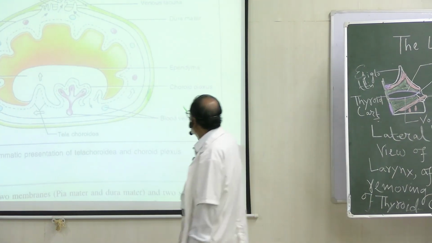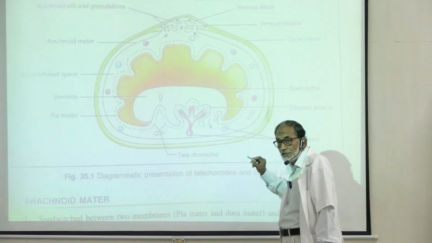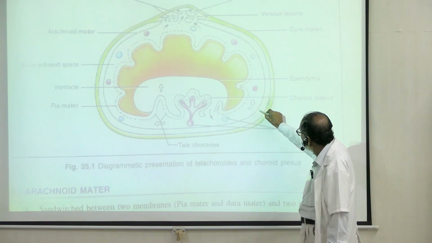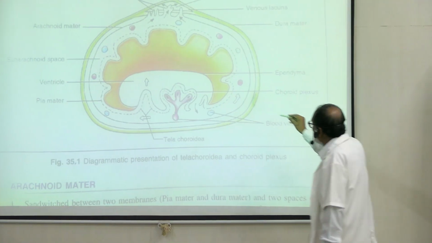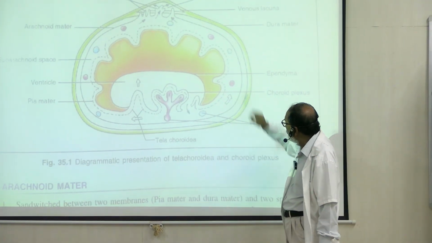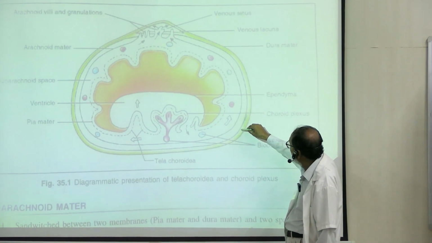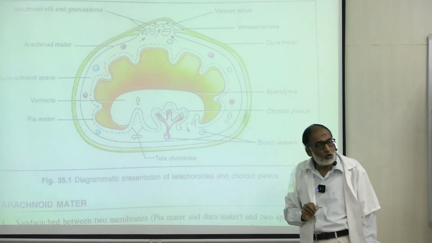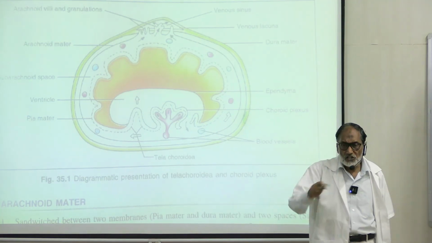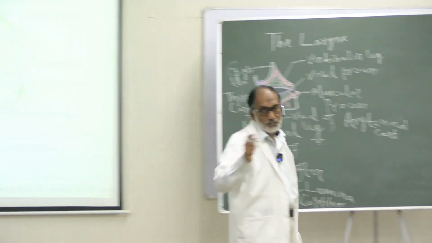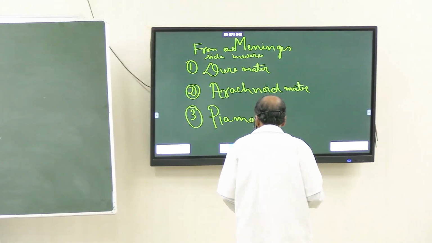Then external to the arachnoid mater but deep to the Dura mater, this space is known as subdural space, and outside the Dura mater, this space is known as extradural space or epidural space, right?